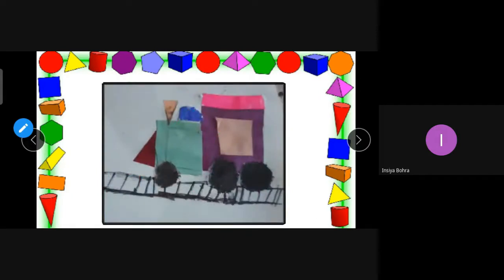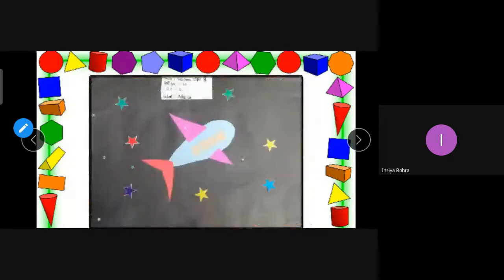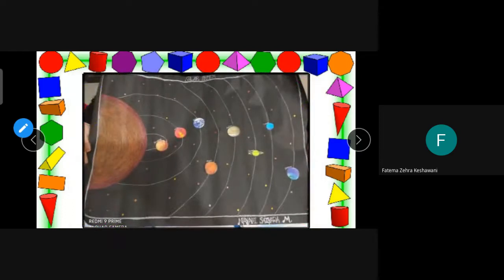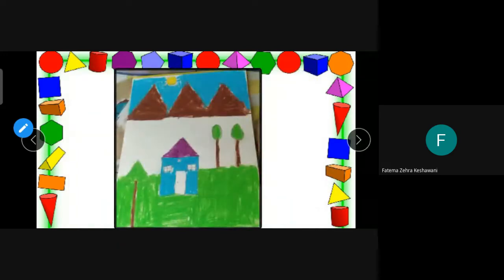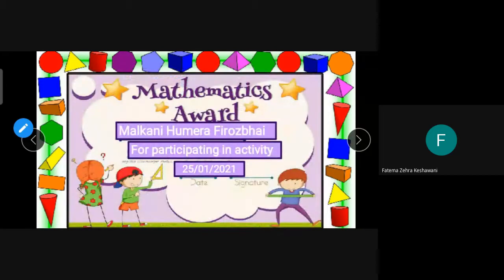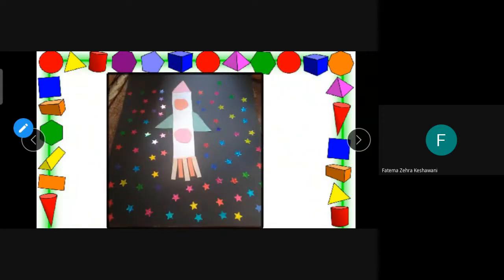Then the train, then this one, and there are a few more in which they have drawn a rocket using those shapes only. Then here also for the planet she has used a circle only. For a mountain also you can use a triangle.